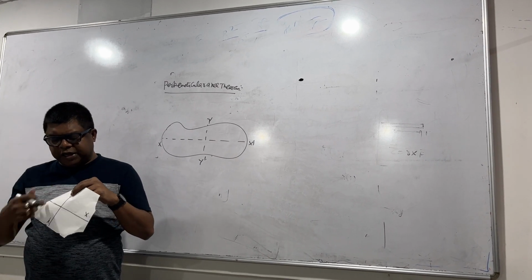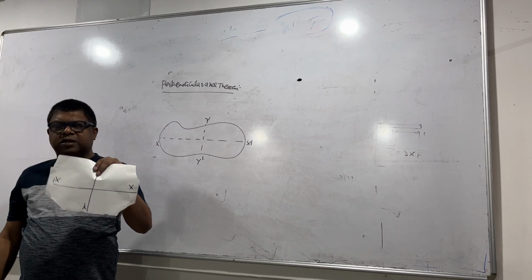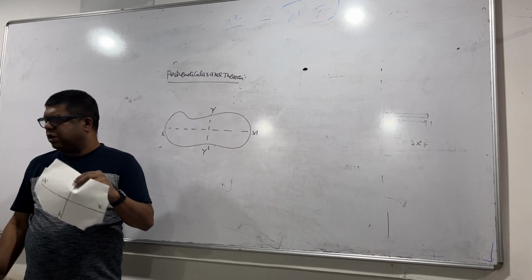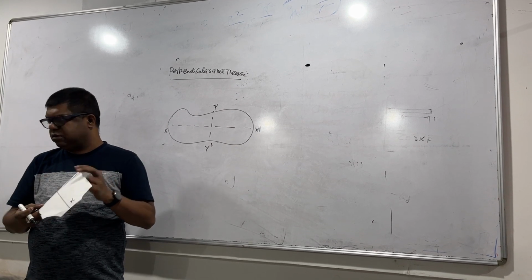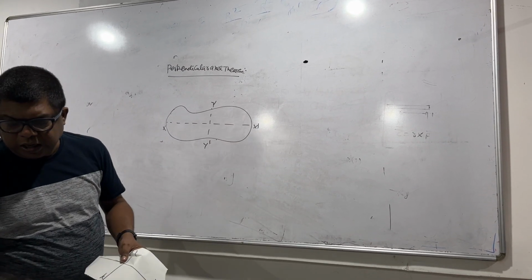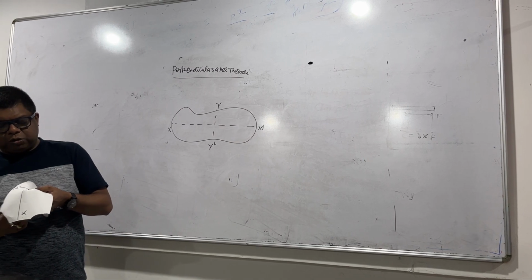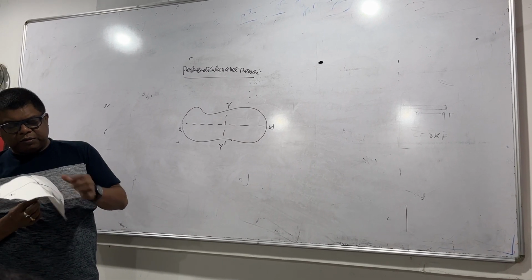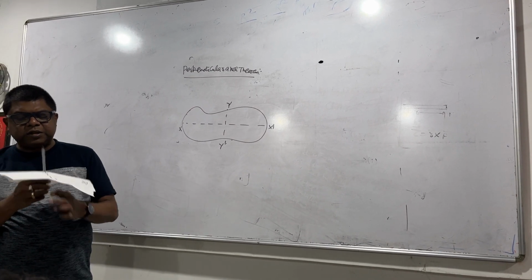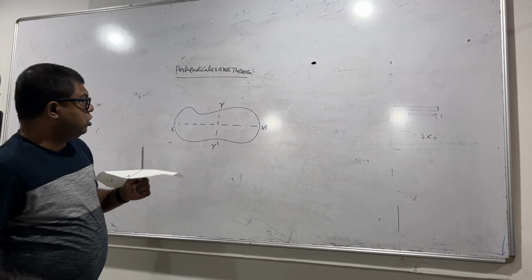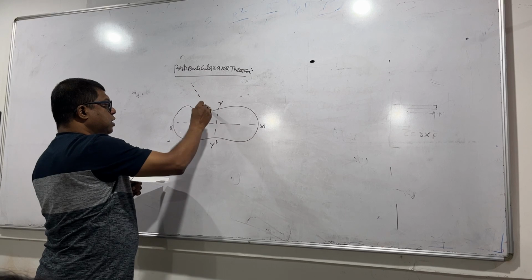At the intersection point, a third axis passes through the intersection point of the two axes lying on the plane of lamina. This axis is the z axis, z dash.